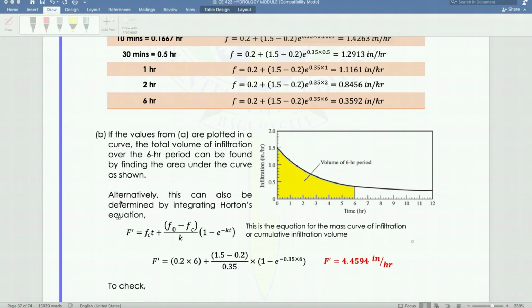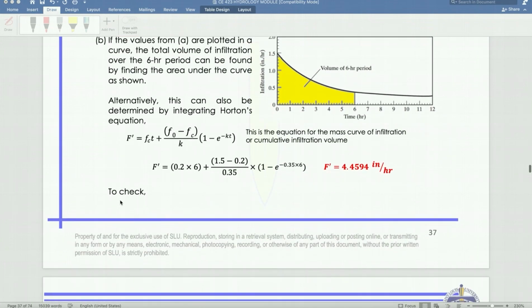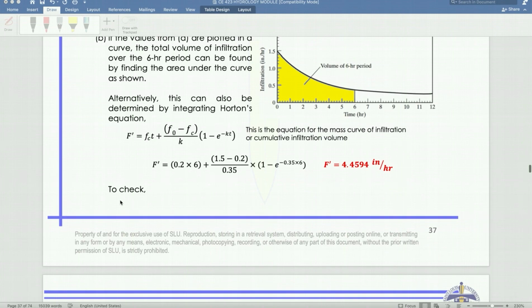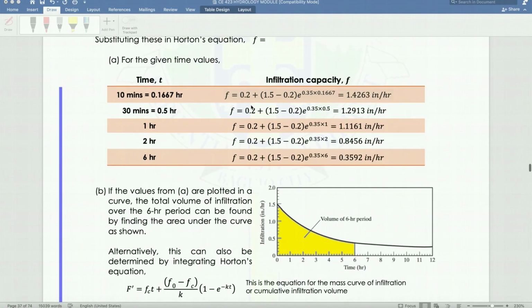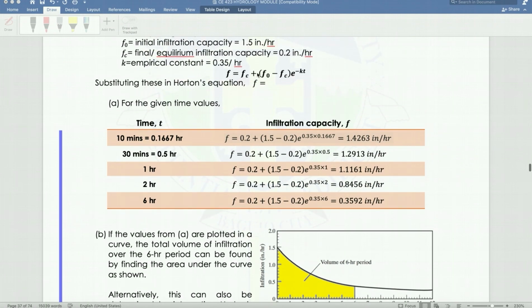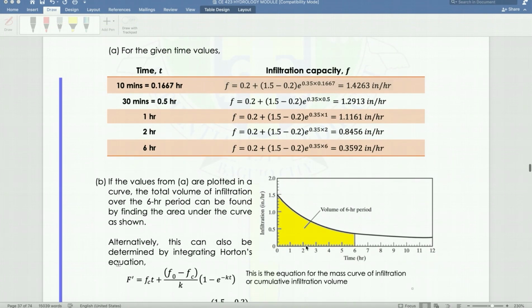Now to check whether our answer is correct, we can use the first method, by integrating. So we have here our original equation, which is f is equivalent to fc plus f naught minus fc times e raised to negative kt. FC natin is, what is fc? 0.2 plus 1.5 minus 0.2 times e raised to negative 0.35 times t, where our limit would be from 0 to 6.